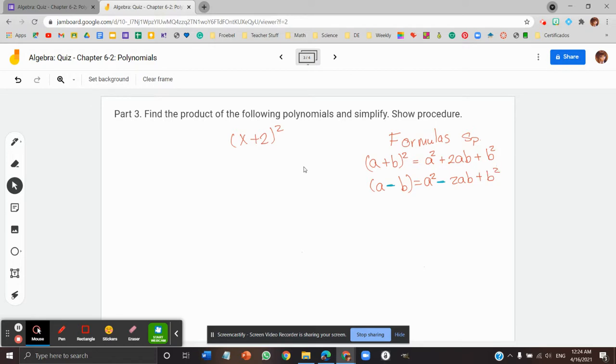The other one that it says is if I have special opposites.